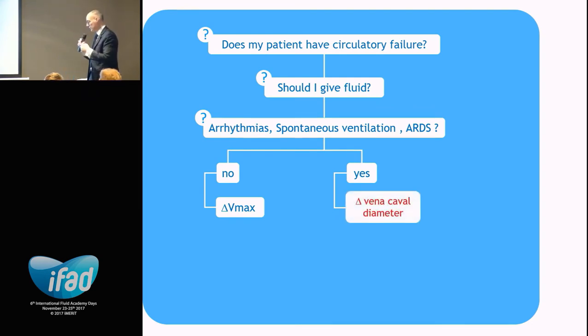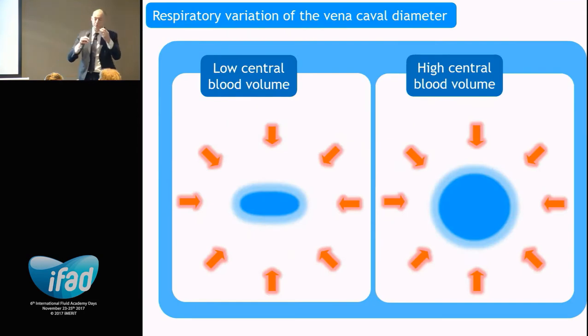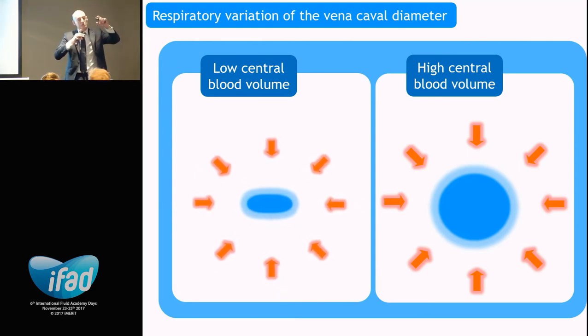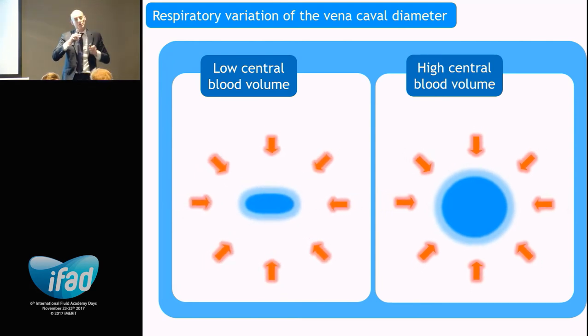What could it be? It could be perhaps the changes in the diameter of the vena cava. The principle behind it is a bit different, and the main reason why the vena cava varies is that if blood volume is low, ventilation will easily crush the vena cava.